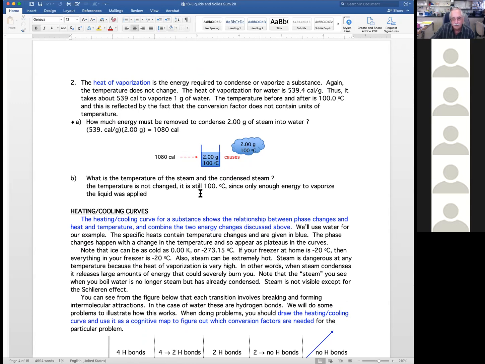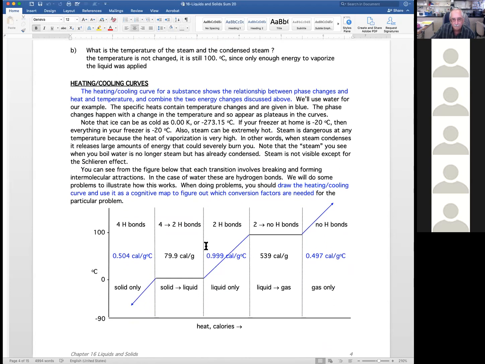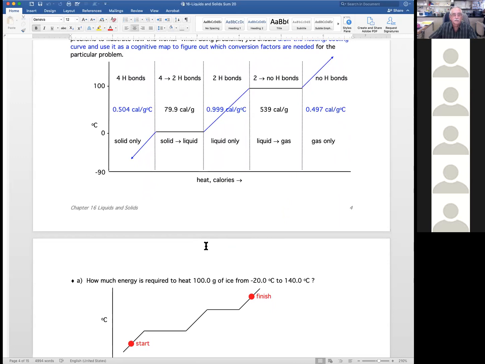And then we'll put all this together in what's called a heating cooling curve. I put a whole bunch of information on here so you get a perspective. Thinking about water, in the solid phase, you have about 4 hydrogen bonds on average. In the liquid phase, you have about 2 hydrogen bonds.